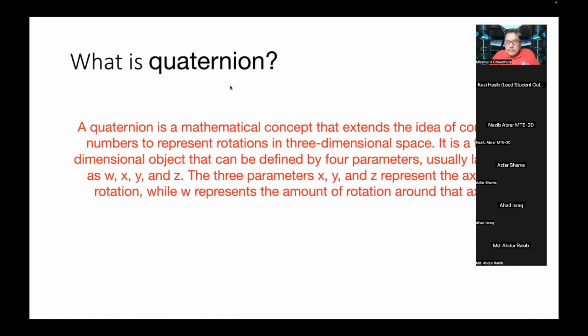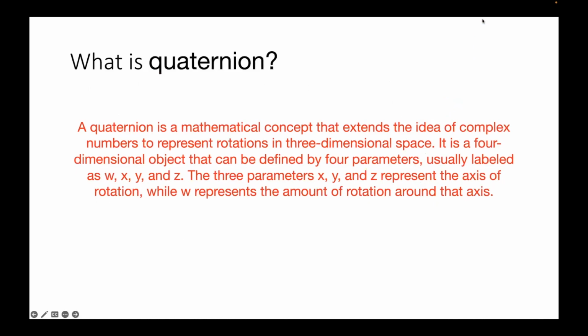So what is a quaternion? A quaternion is a mathematical concept that extends the idea of a complex number. You saw already that I started with a complex number. Then we extended it.